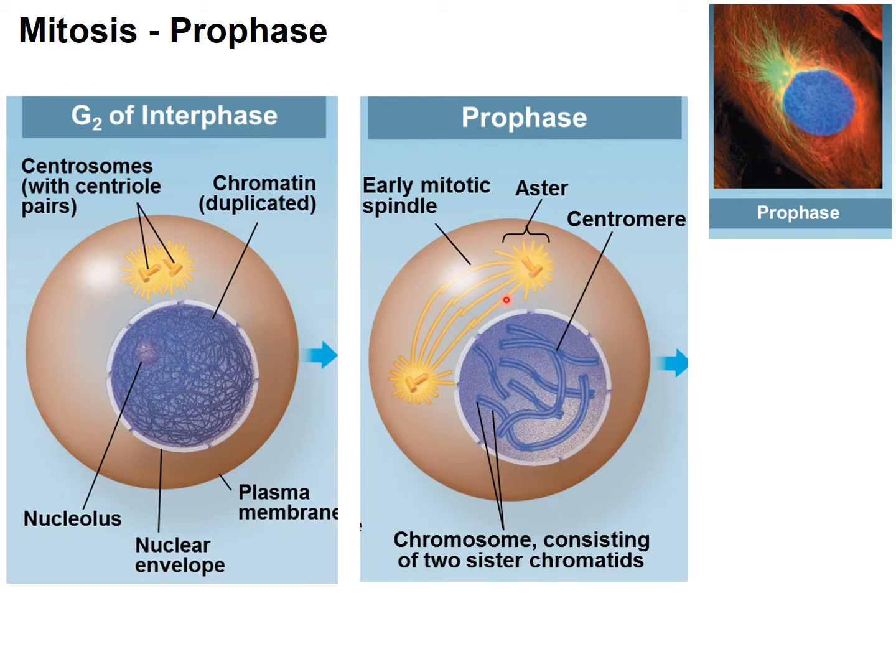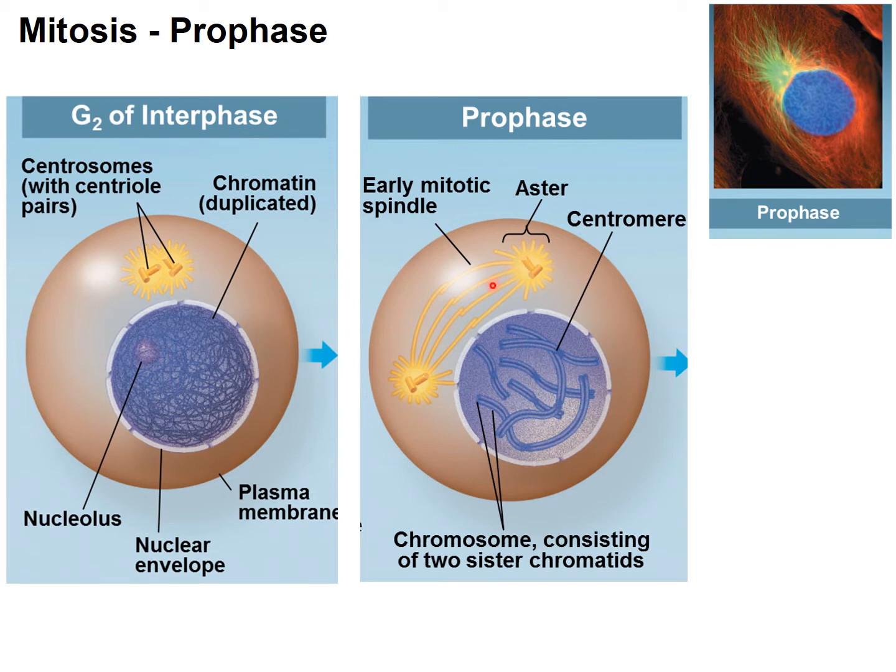So remember, the centrosomes are each made up of 2 centrioles. Right? And this is the microtubule organizing center. So the microtubules, remember, are made up of the protein tubulin. And tubulin starts to polymerize and it creates these long structures, the long microtubules.